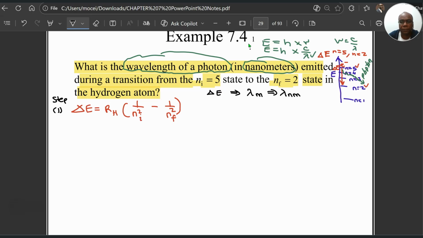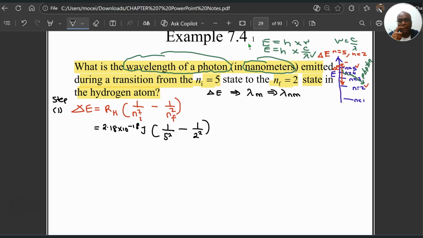That is our strategy. So my Rydberg constant is 2.18 times 10 to the power negative 18 joules. And then my initial energy level is 5, so I'll say 5 squared. That's where the electron starts, and then it drops to n equals 2, so 2 squared.